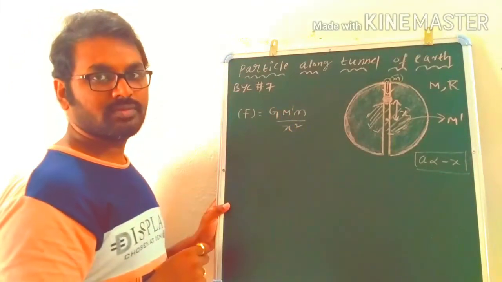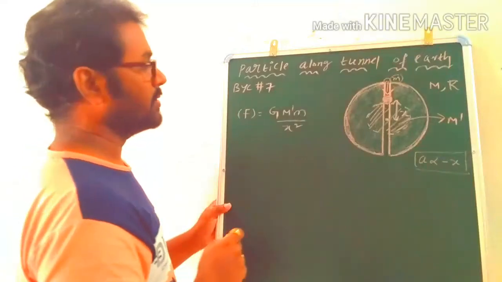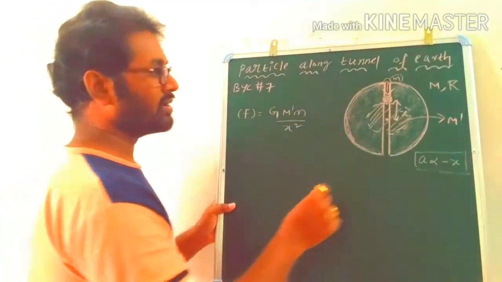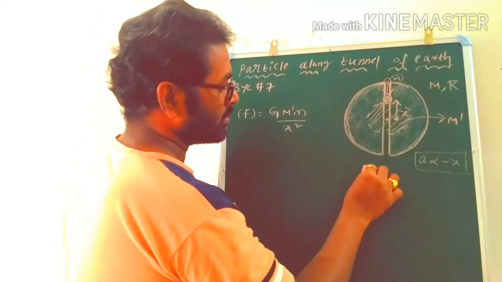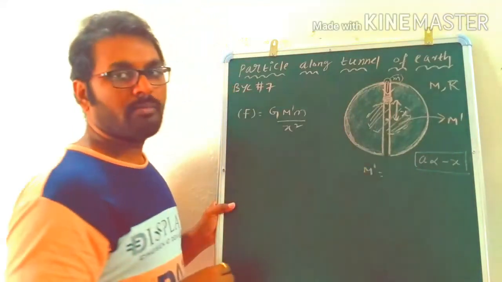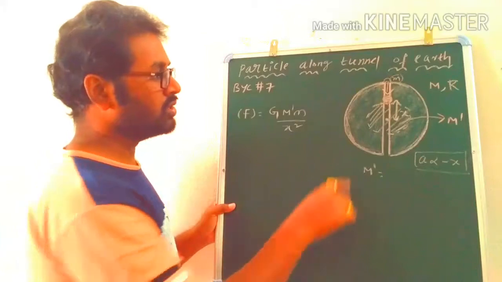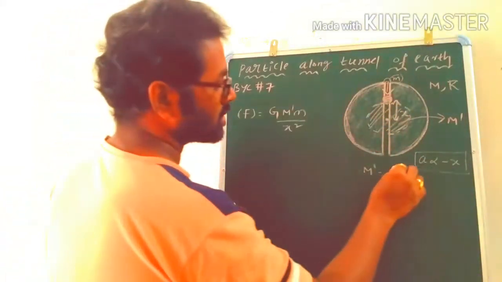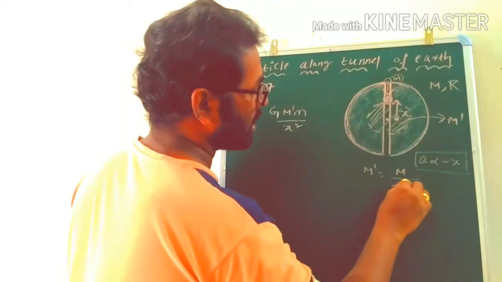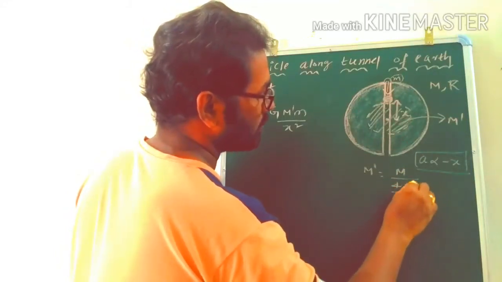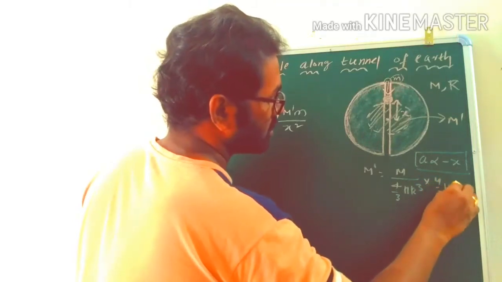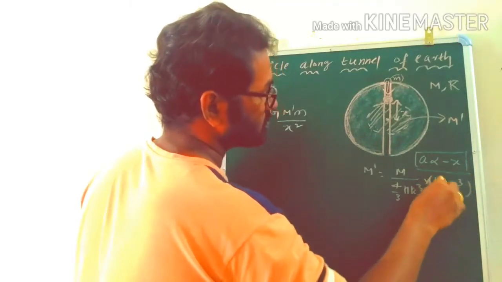What is m dash? It is the mass of the volume of radius x. You can write m dash is equal to mass per unit volume into the volume of this part. So you can write it as M divided by 4 by 3 pi R cube into 4 by 3 pi x cube.